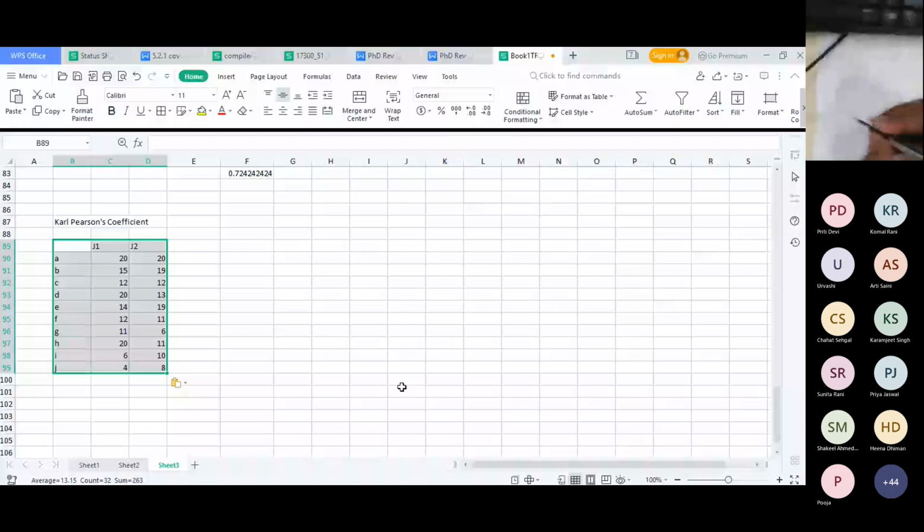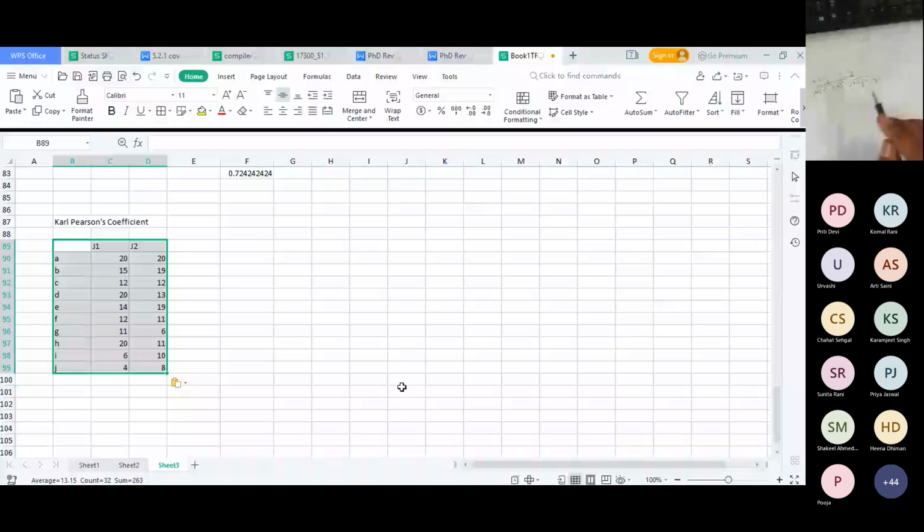That formula you will see over here. r is equal to n summation xy minus summation x into summation y, whole divided by the square root of n summation x square minus summation x whole square, into n summation y square minus summation y whole square.